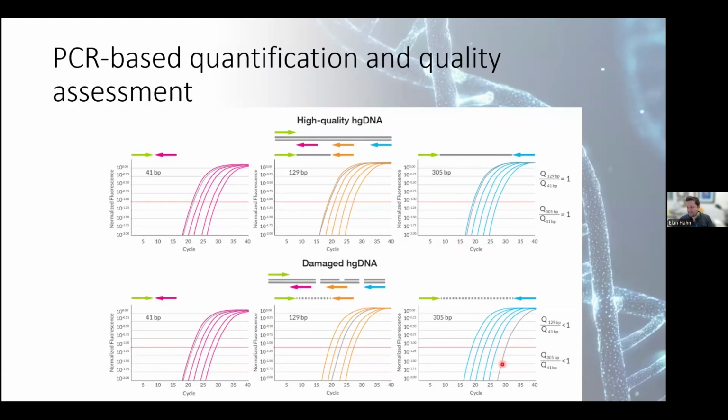Whereas our damaged DNA only amplifies to a detectable product after 30 cycles, which is more non-specific to get amplification at that point. So this helps us say we have a lot of small fragments, longer fragments, and even longer fragments.